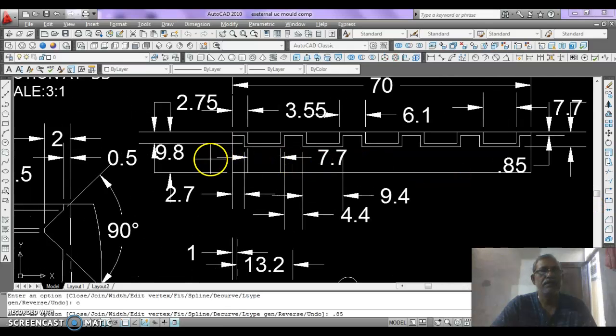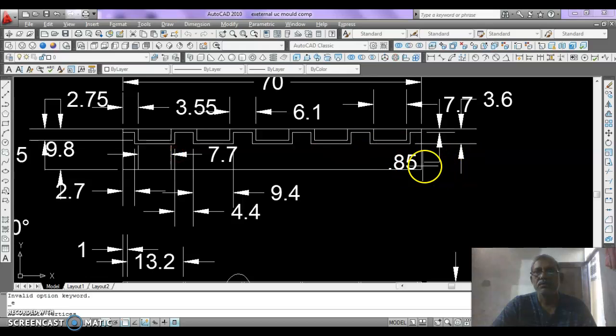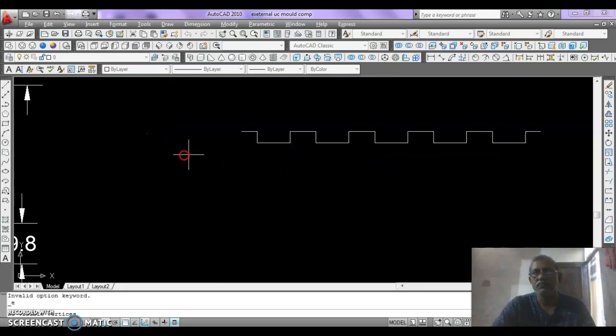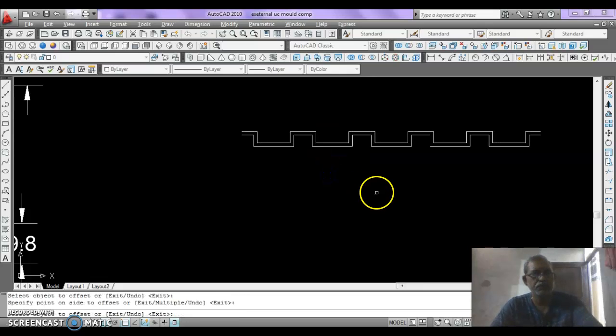This is the thickness of this profile. This is 0.85. You can check it here, and then enter, offset 0.85, enter, and offset it downward.